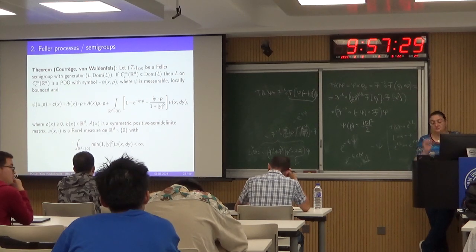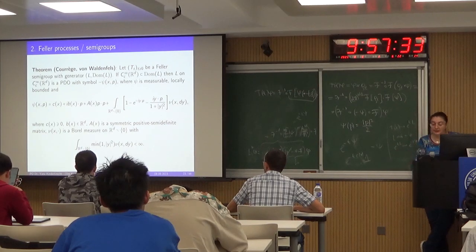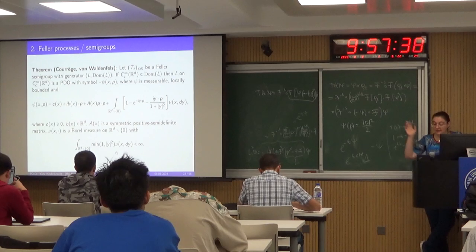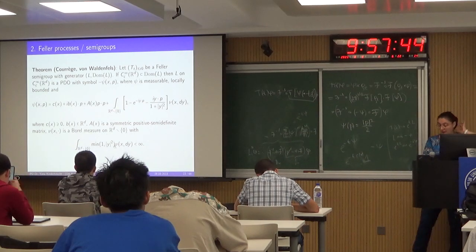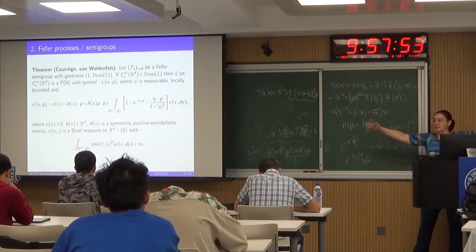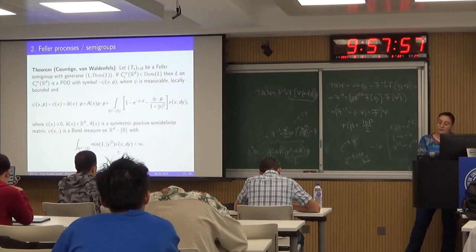What does it mean? This means that mu does not need to be a bounded measure. It can be unbounded. But this is a nice measure in the neighborhood of infinity. So if we consider a neighborhood of infinity, the minimum between these two is 1. So 1 times mu(x, dy) is integrable around infinity. So mu is bounded around infinity. But mu may have problems around 0.